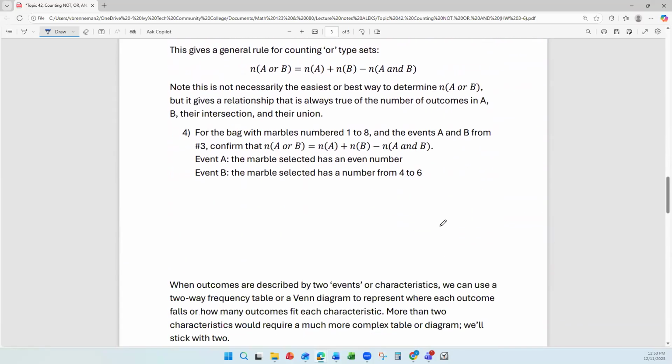So for those marbles with those events A and B, with A being the even numbers 2, 4, 6, 8, B was the 4, 5, 6, A or B was 2, 4, 5, 6, 8. A and B was 4 and 6.